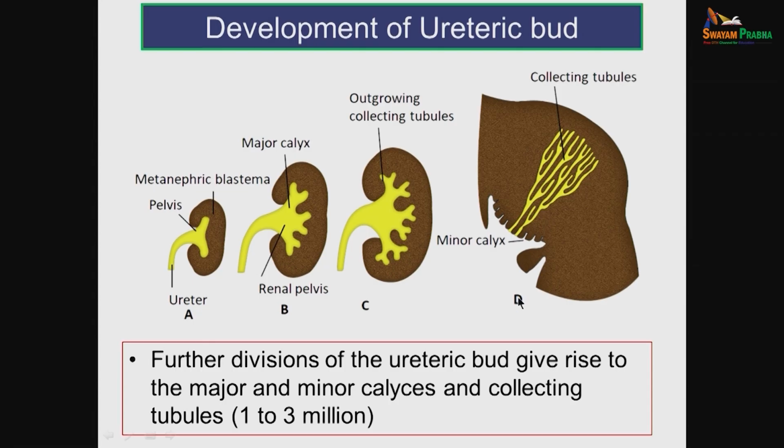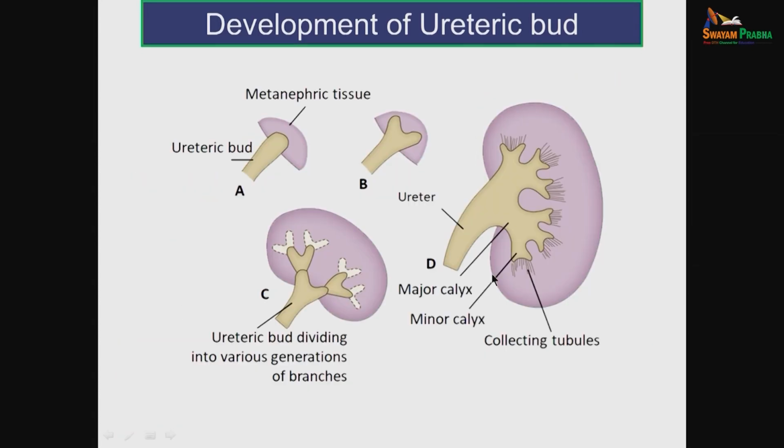This is coming in contact with the metanephric blastema, which is going to give rise to the parts of the nephron. Again, this is another picture showing the ureteric bud dividing into various generations of branches.